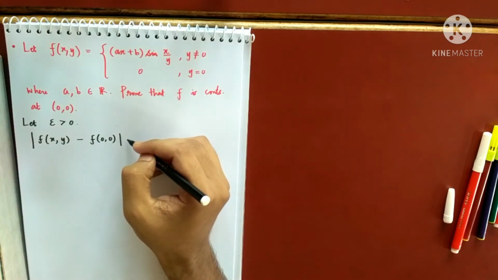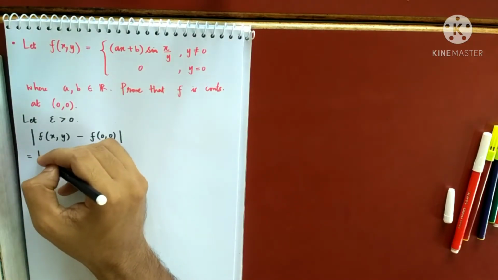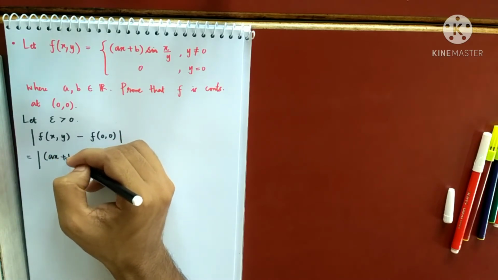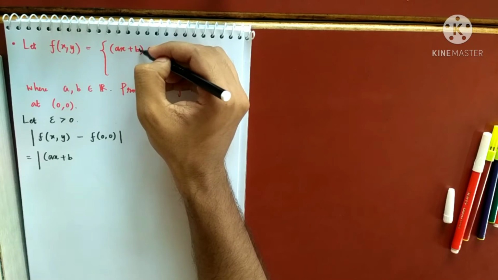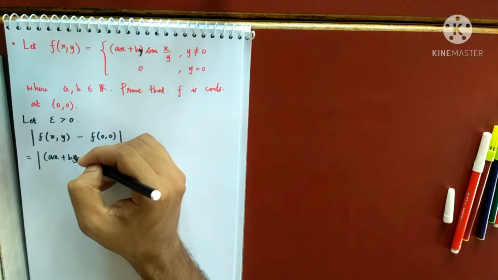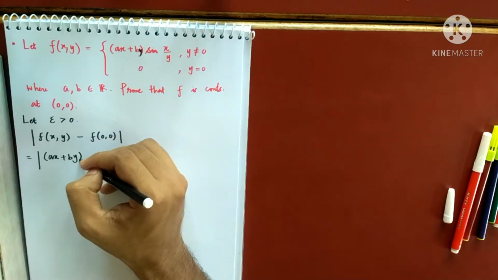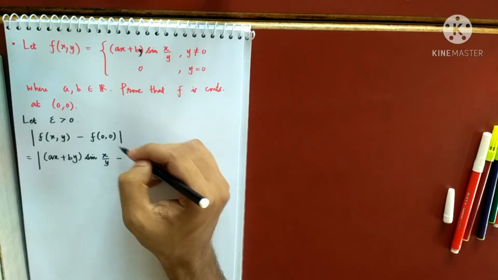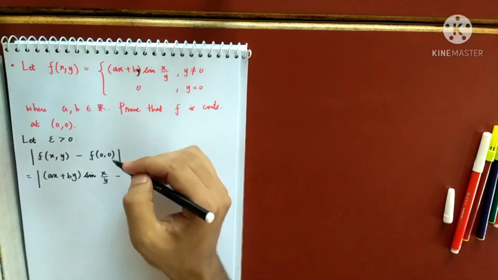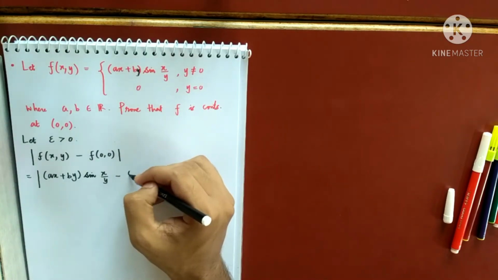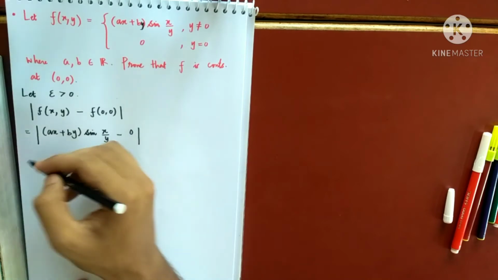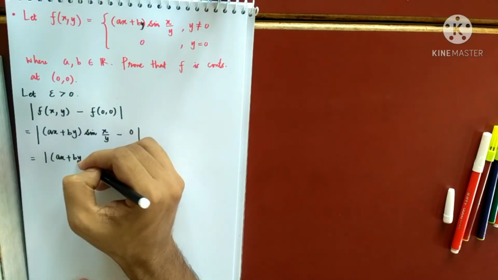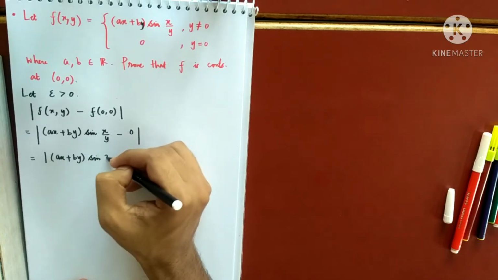Let's simplify this. This is (ax plus by) sine x by y minus f(0, 0), which is 0. Why? Because when y is 0, it is 0, independent of x. So what am I getting? I'm simply getting modulus of (ax plus by) sine x by y.